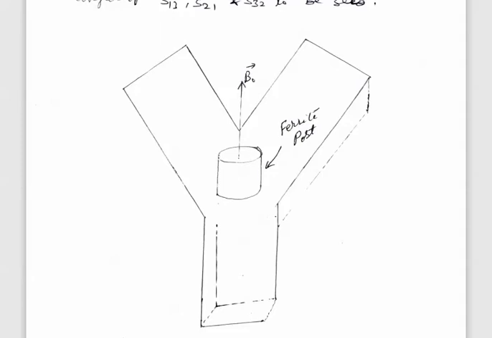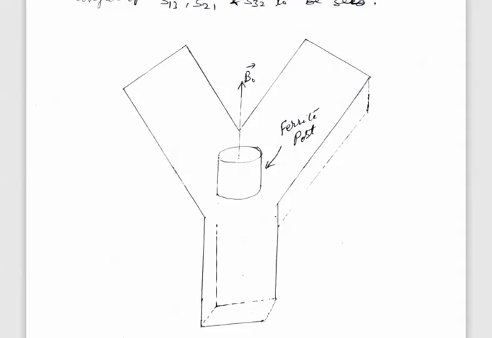So these are symmetrical. At the center, the required non-reciprocal property can be introduced by placing a ferrite slab or ferrite disc or post at the middle, and a static magnetic field B0 is applied.